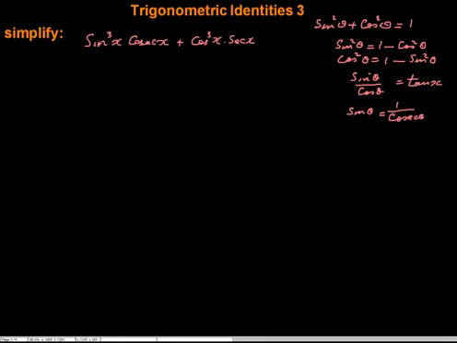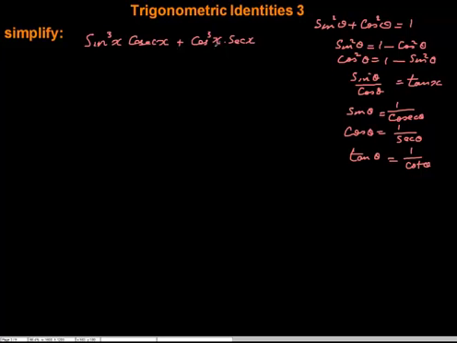So basically cosec is 1 over sine. Likewise cos has 1 over sec, which means that sec is equal to 1 over cos. And we also know that tan is 1 over cot, or in other words cot is 1 over tan. They are reversible.